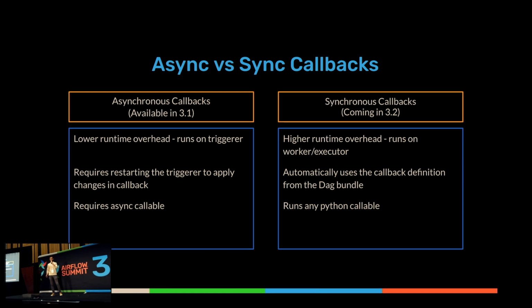So one of the ways you could decide whether to use async or sync would be whichever of your triggerer or executor is generally busier. Another downside of the async callback is that it requires restarting the triggerer if you change the definition of a custom callback.